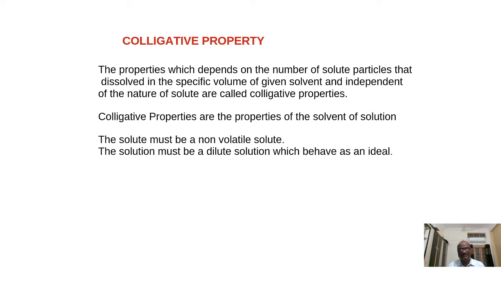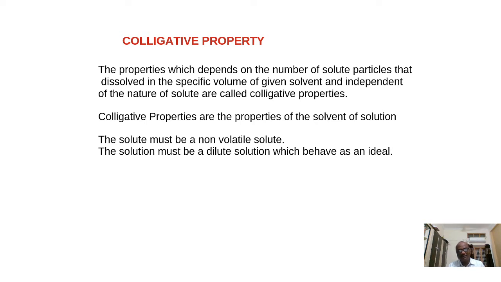Means in the first case, ions are acting as solute particles, whereas in the second case, molecules are acting as solute particles. If the number of these solute particles, in the first case ions and in the second case molecules, is the same in a specific amount of solvent in each case, then the colligative properties exhibited by the two solutions will be the same.